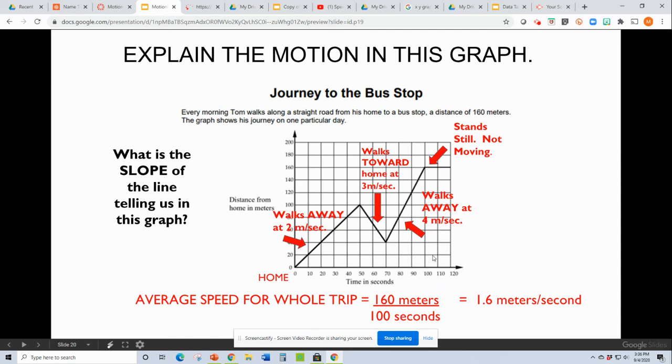Well, right here, guys, he apparently got there in 100 seconds. It looks like he got there at 100 seconds and then just stood there waiting for the bus. So 100 seconds. So we said that his average speed for the whole trip is 160 meters divided by 100 seconds, and that would be 1.6 meters per second. If I'm solving for speed, I have to have a distance per time.